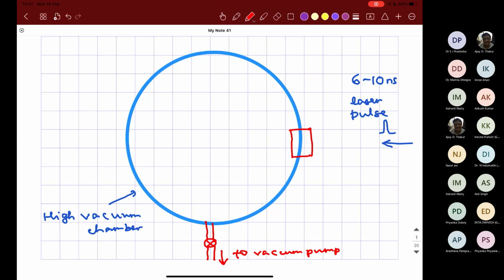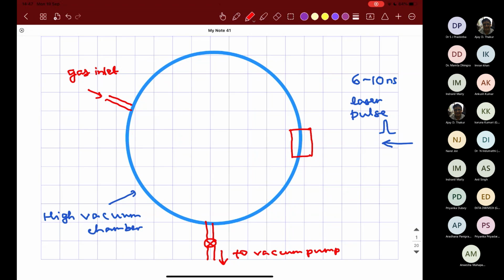But then we also need to allow a gas inlet through a mass flow controller. MFC is a mass flow controller.